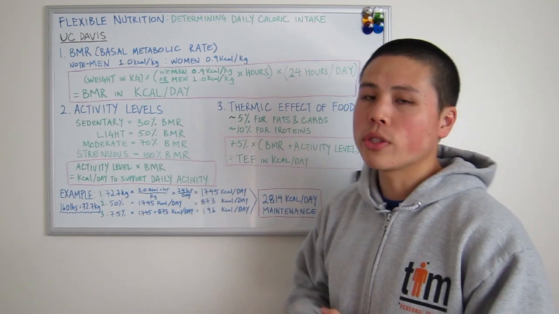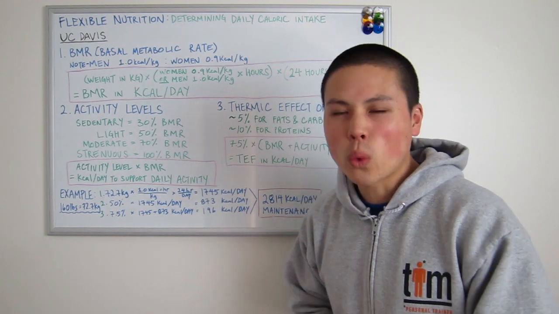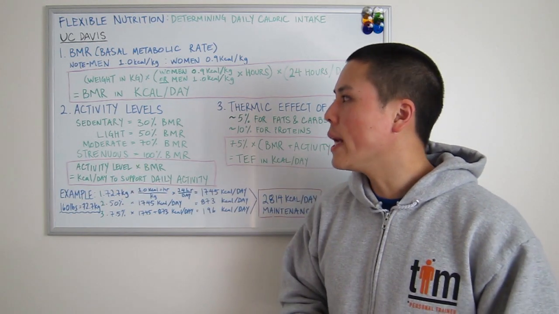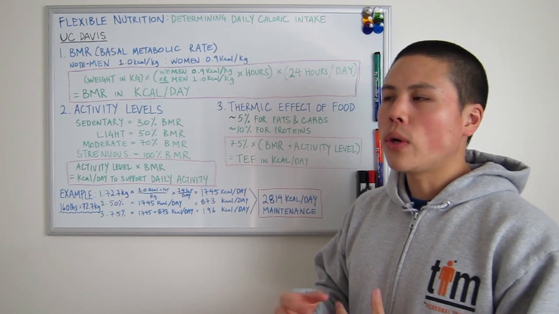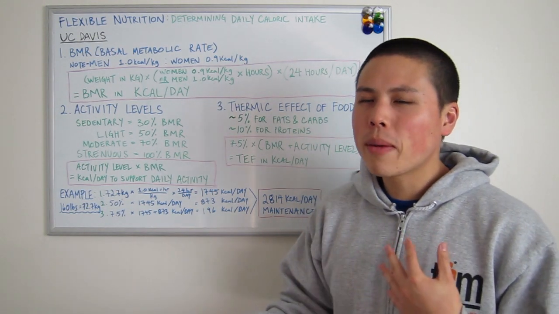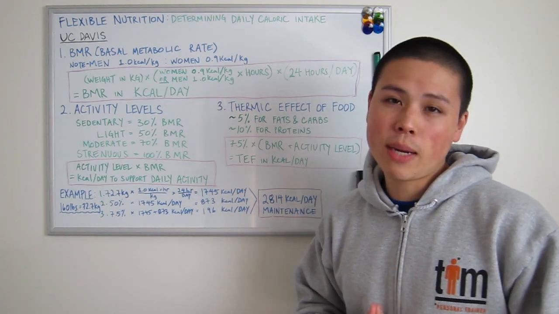A sedentary person is someone who has a desk job, who doesn't really work out. A person in the light activity level is someone who has a slightly more active job and works out lightly for 30 to 60 minutes, maybe 1 to 3 times a week.